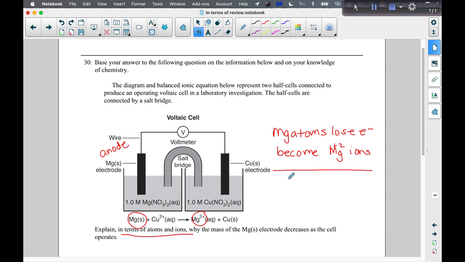That's one way to say it. Or you could say that the atoms become ions that go into solution. Remember, the atoms are part of the electrode. The ions are in the solution.